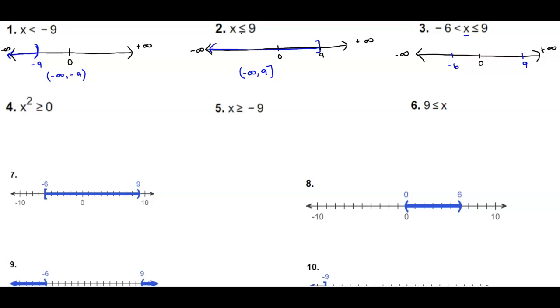What it's saying here is that x is in between these two numbers. You can see here it says x is greater than -6, so that means we're only including a parenthesis here, and it's less than or equal to 9, so it's going to include everything in the middle. So this interval notation is parentheses -6, 9 with a bracket.